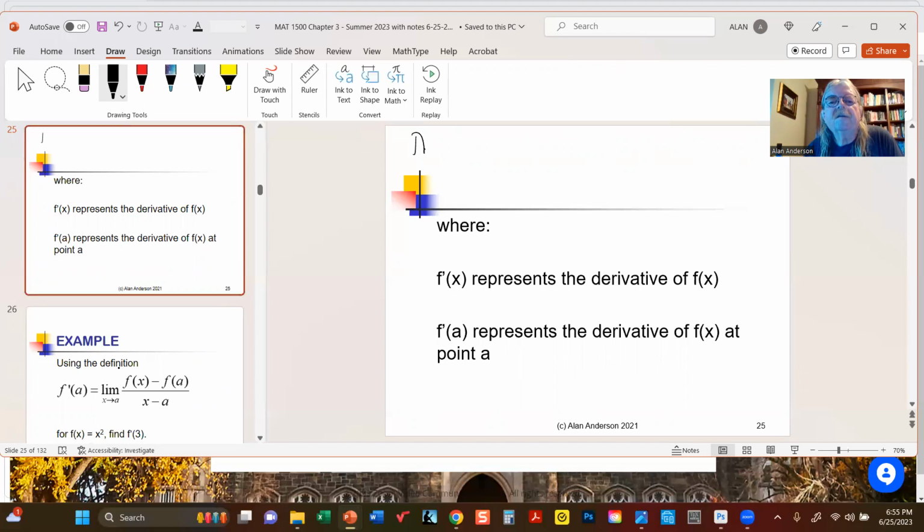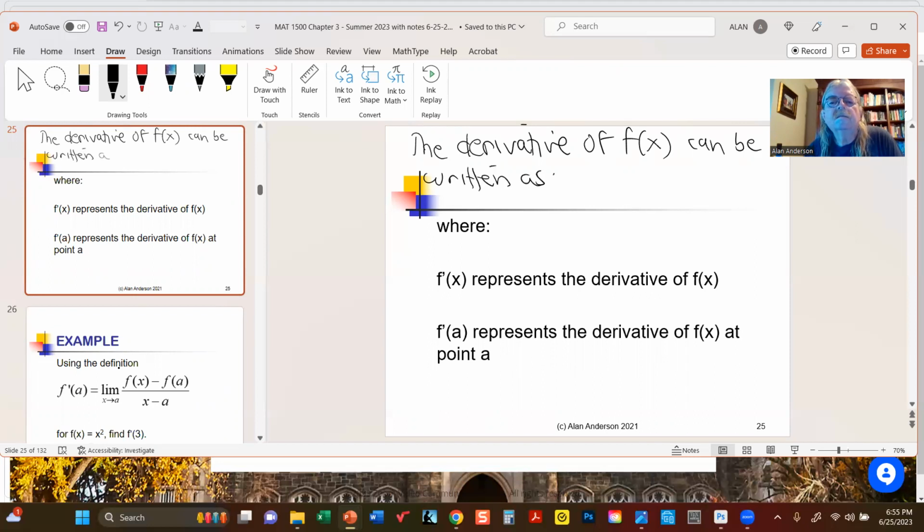The derivative of f of x can be written as f prime of x, y prime of x. You also sometimes see it written as dy dx.